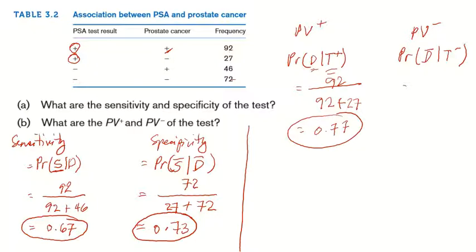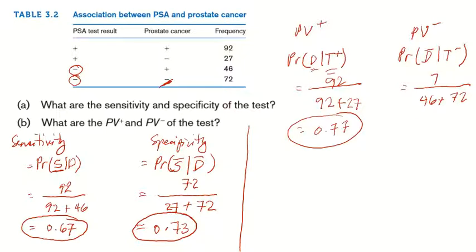Now for our predictive value negative, let's look at the total number of people with negative tests. So that's this group and then this group. That gives us 46 plus 72. How many of them doesn't have the disease?